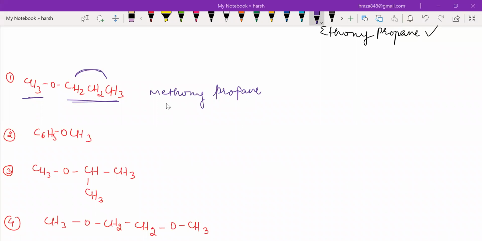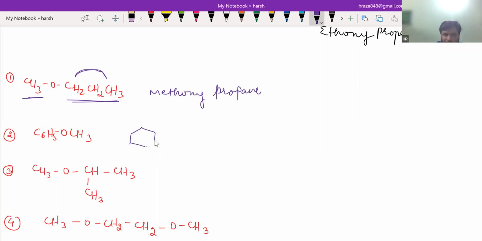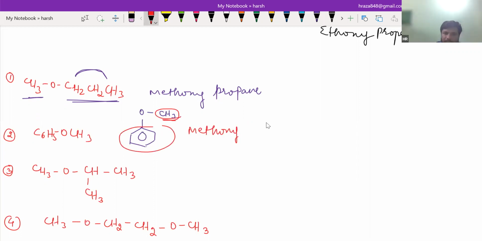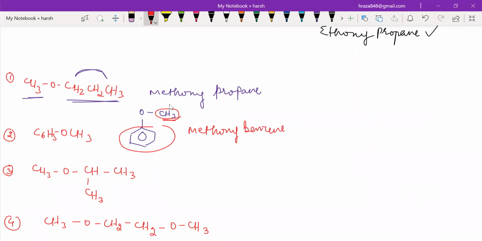Not phenyl. See, its structure will be like this. Now you have to decide which one is substituent. This will be the substituent, so its name will be methoxy, and this is the parent chain. So it will be methoxybenzene. And its common name, which is very important, is anisole.